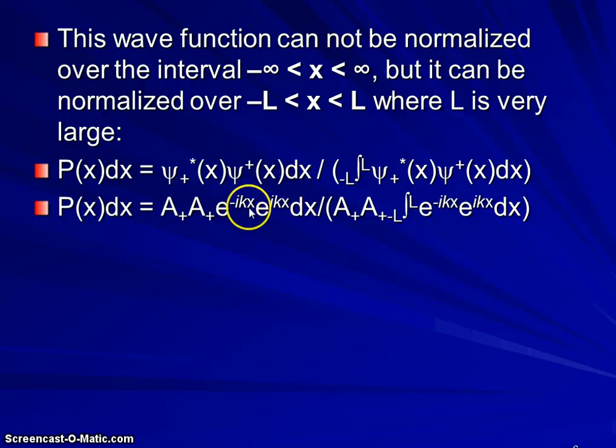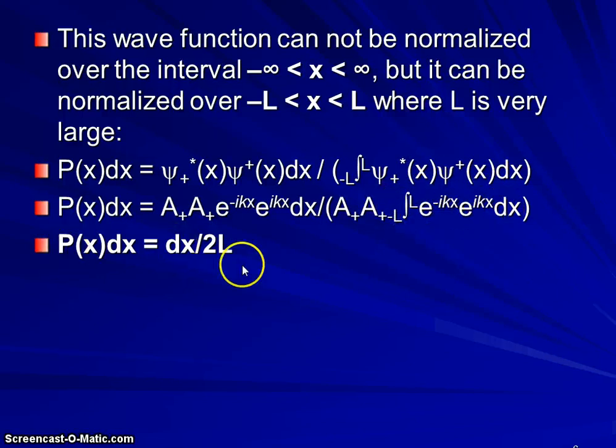If we add these components, ikx minus ikx is 0, e to the 0 is 1, so we get A times A on the top. That will cancel with the A times A on the bottom, and then we integrate this from negative L to L. Since again we get 1 here, we're just integrating dx.